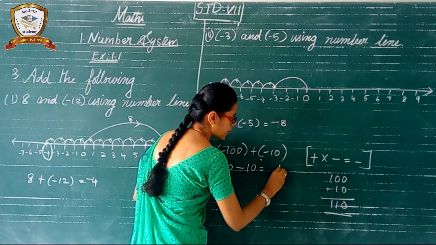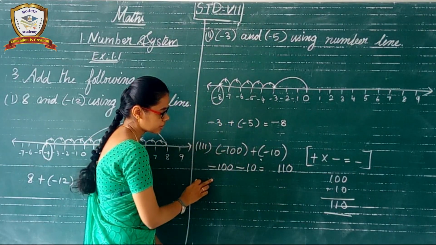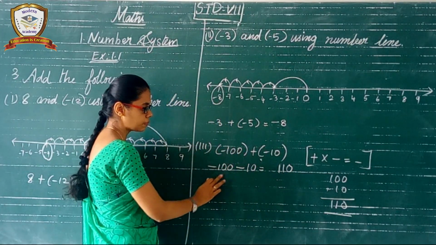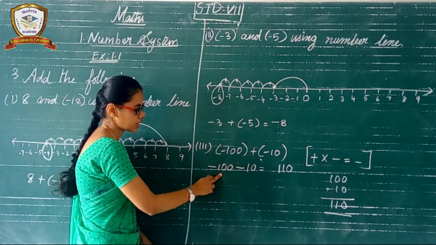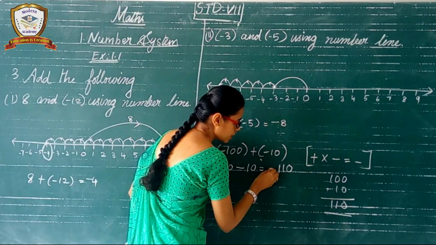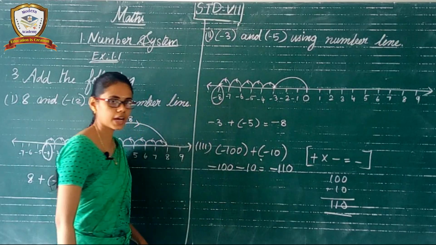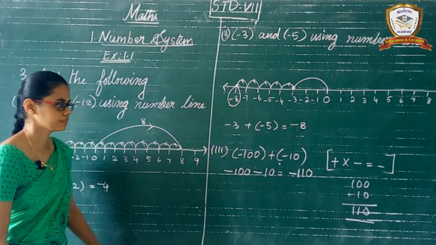So 110, and the most important thing, the symbol. Which one is the biggest number? That is 100. So the sign of 100 is minus. So you want to mention minus in our answer. Can you understand this?